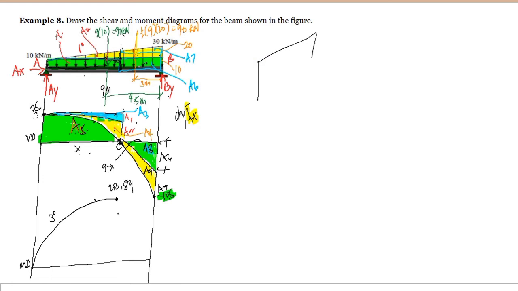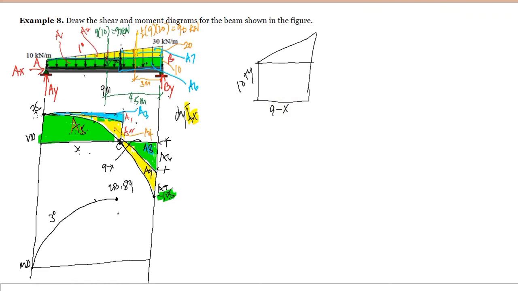Okay, so i-isolate natin. Itong height na to, this is actually 10 plus y. And this part here is 9 minus x.